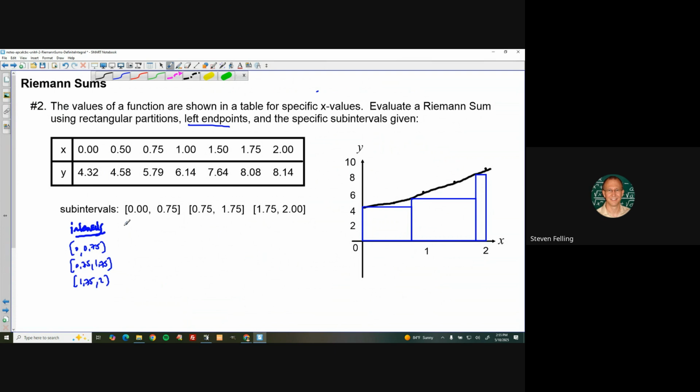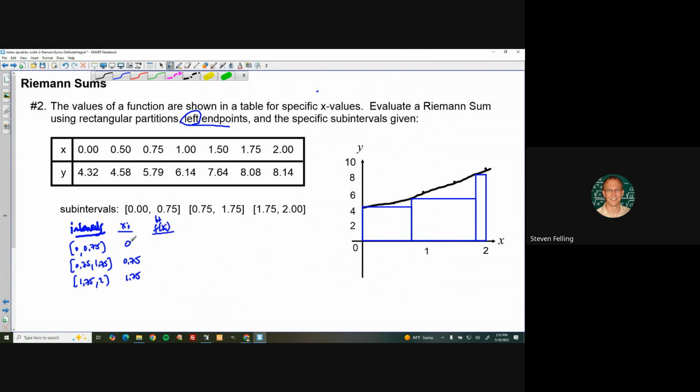All right, so then we have to select an x in each of the intervals, and they told me to use the left end, so I'm going to use 0 for this first one, 0.75 for the second one, and 1.75 for the third one. And then we're going to plug those values in to find the height, which is f at xi in this case.